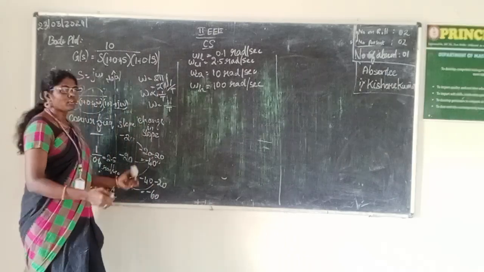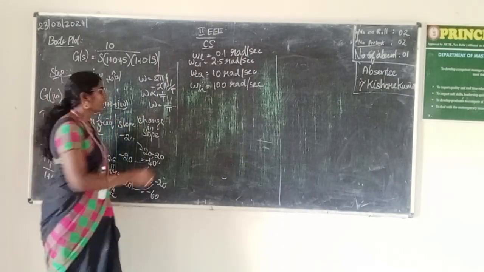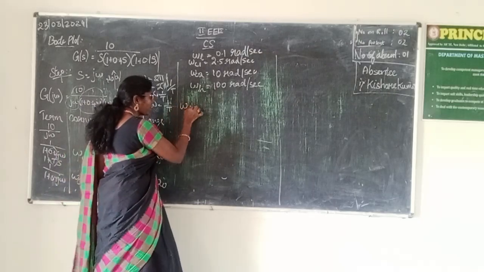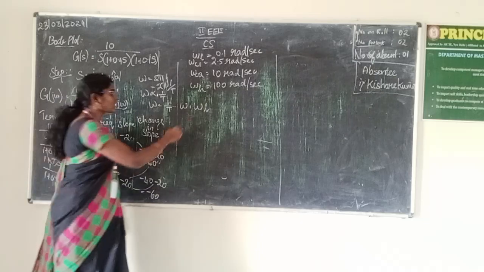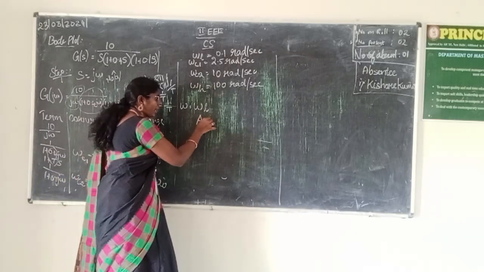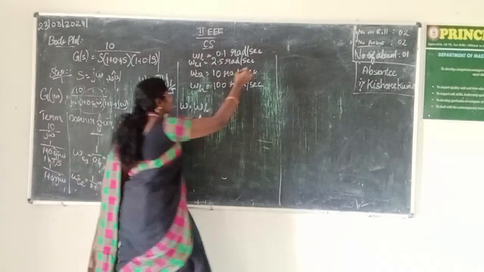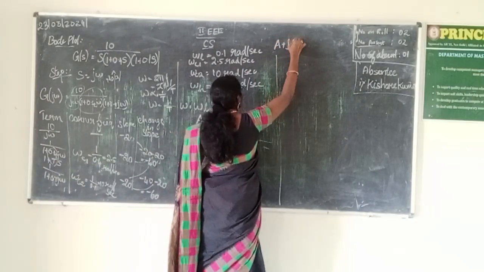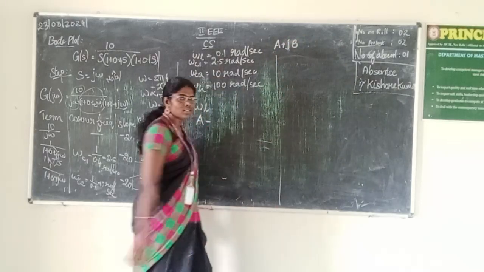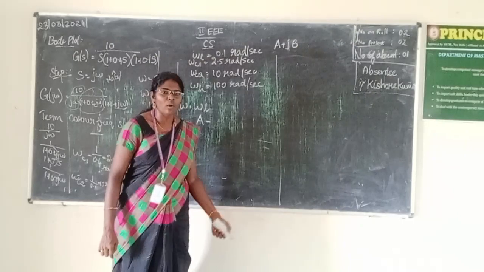Clear? Next, what you have to find out? You have to find out the value of A, that is when omega is equal to omega L, the lower frequency. What is the formula to find the value of A? A is the magnitude. First, you have to remember that. I have taught you the theory, that is A plus j into B. This is the form where A is the magnitude and j is the angle of g of j omega.